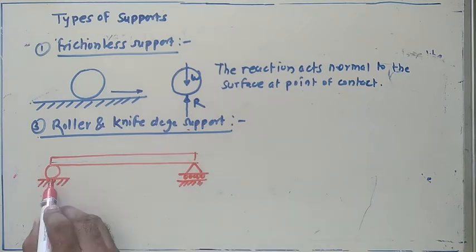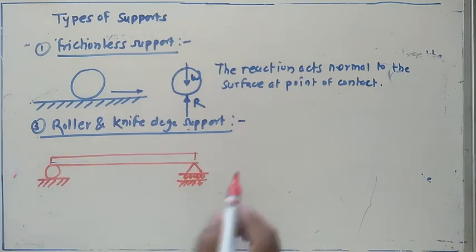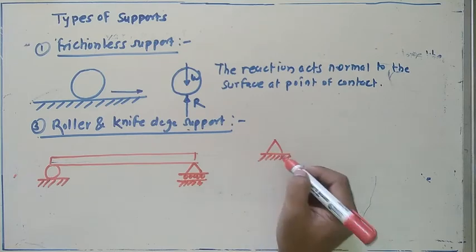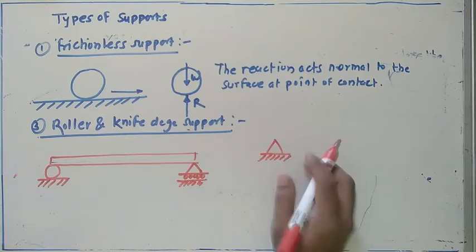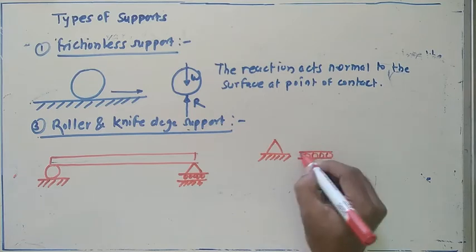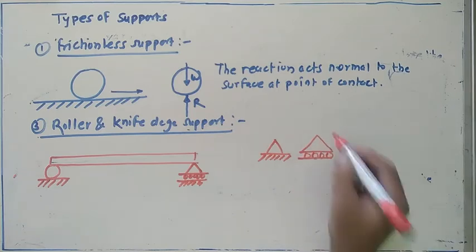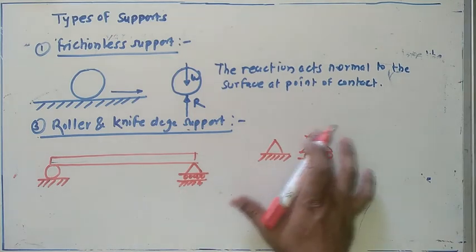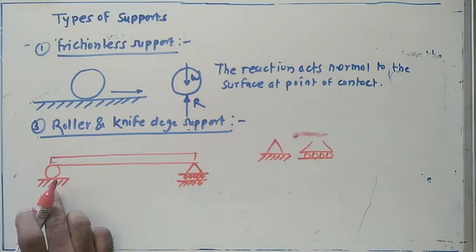The meaning of this one and this one is the same. We are showing that support this way, nothing but the knife support. And these rollers indicate the case of a roller support. This also indicates the roller support.